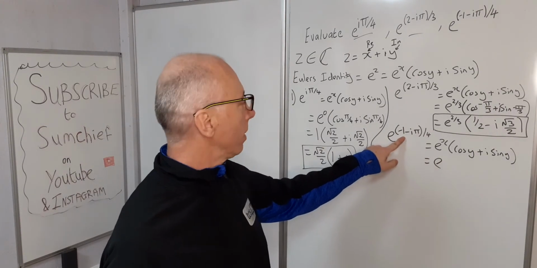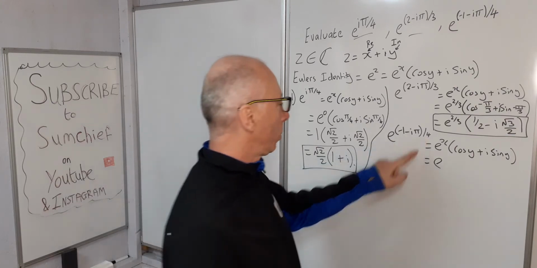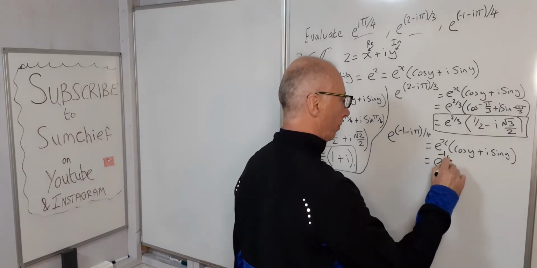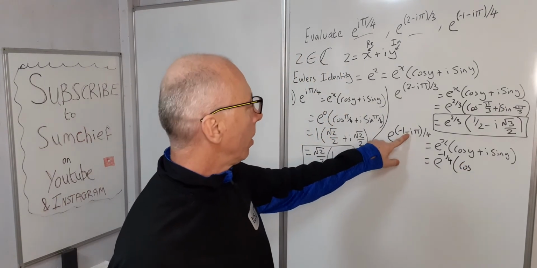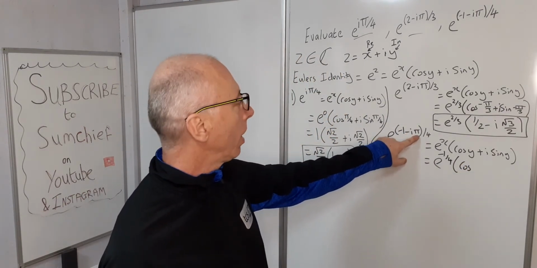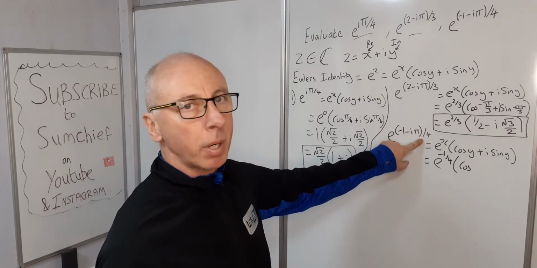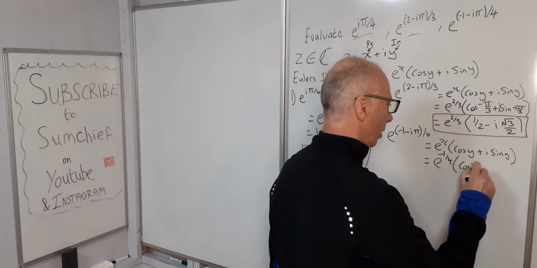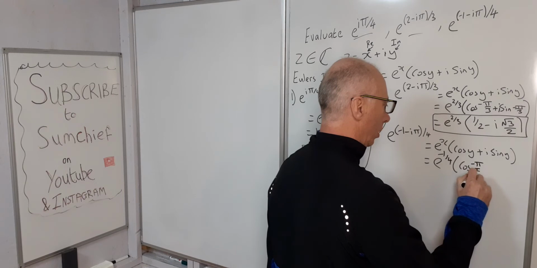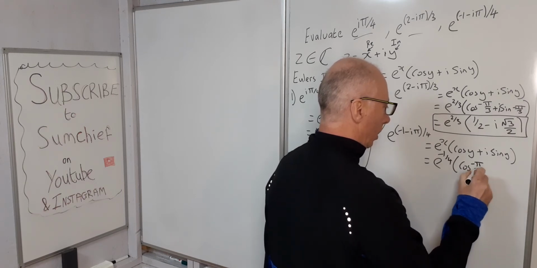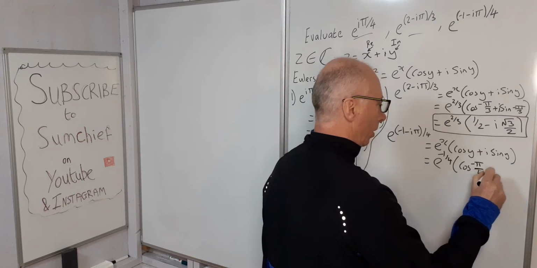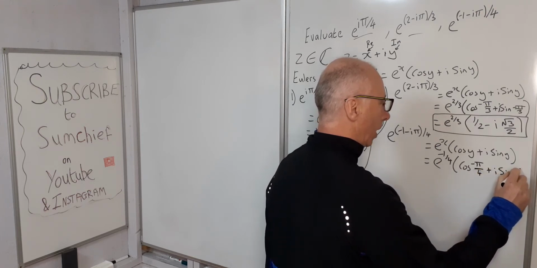X in this case is negative 1 over 4. And then we've got cosine. Now what's the imaginary part? Negative again, and i pi over 4. So basically negative pi over 4 is our angle. And then, obviously, the sine, same again.